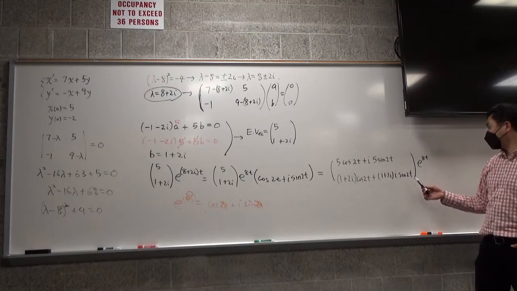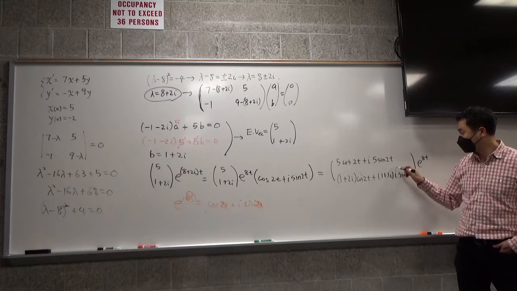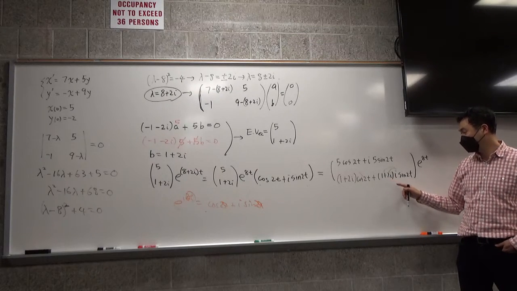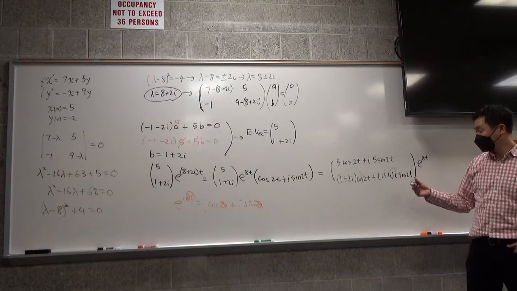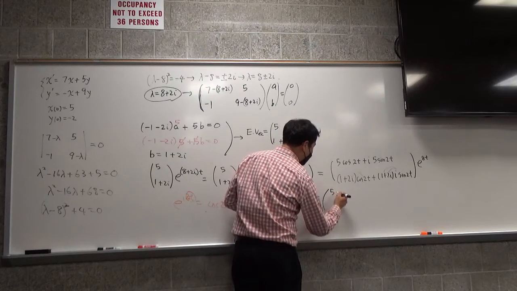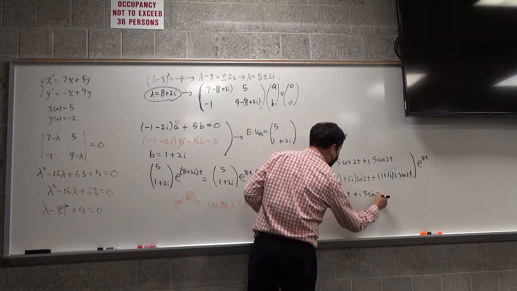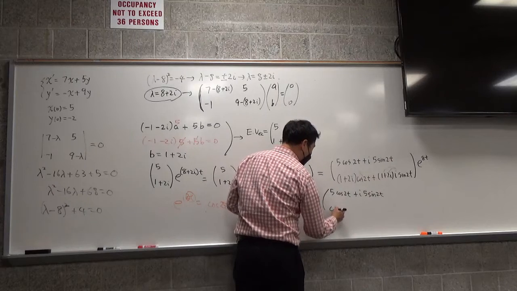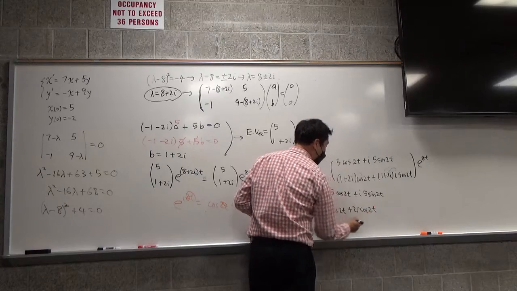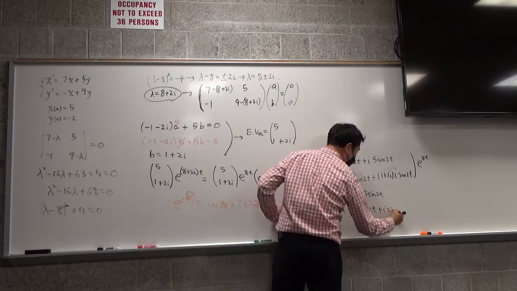So in order to figure out which one is which, you still have to multiply further. So this should be multiplied, which gives you i minus 2i, i minus 2, because i squared is negative 1. So you have to write once again as, let's see, the top one is still the same, 5 cosine 2t plus i times 5 sine 2t, whereas the bottom one is cosine 2t plus 2i cosine 2t, and then i times 1 times sine 2t, so that's i sine 2t.